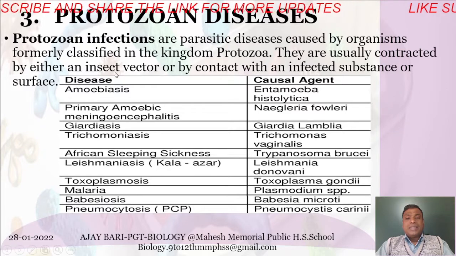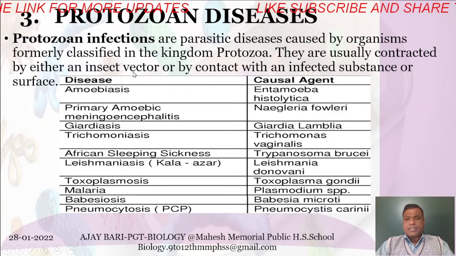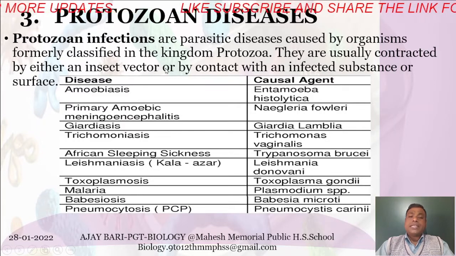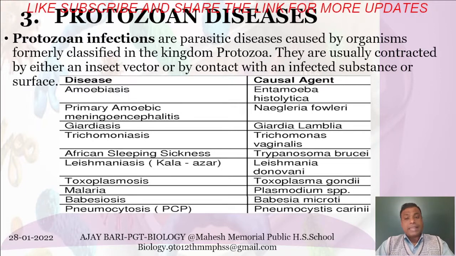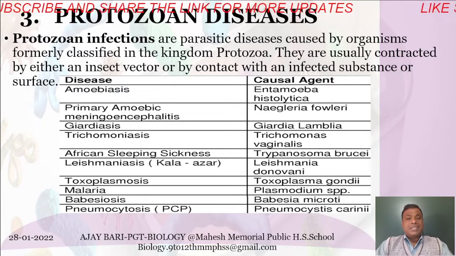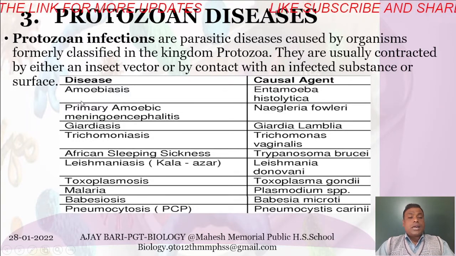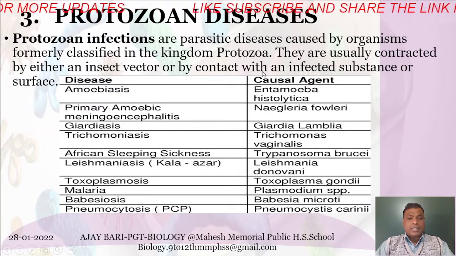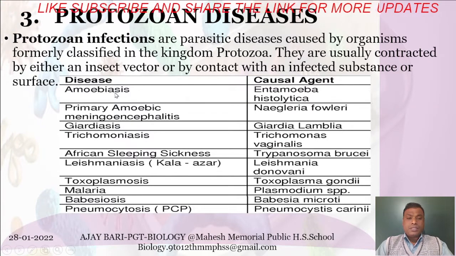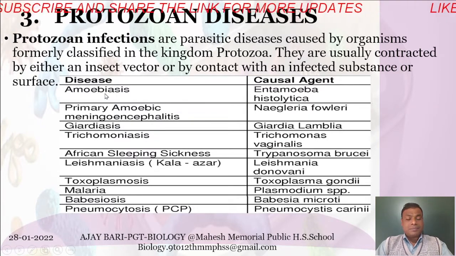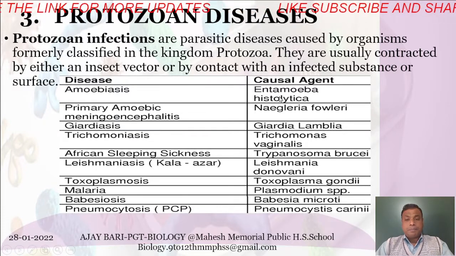They are usually contracted through an insect as a vector, or some agents can take them from one place to another, and then they can infect the person. Some of the diseases caused by protozoa are given here. The diseases and the causal agents are written in front of them. First disease is amoebiasis, caused by Entamoeba histolytica.